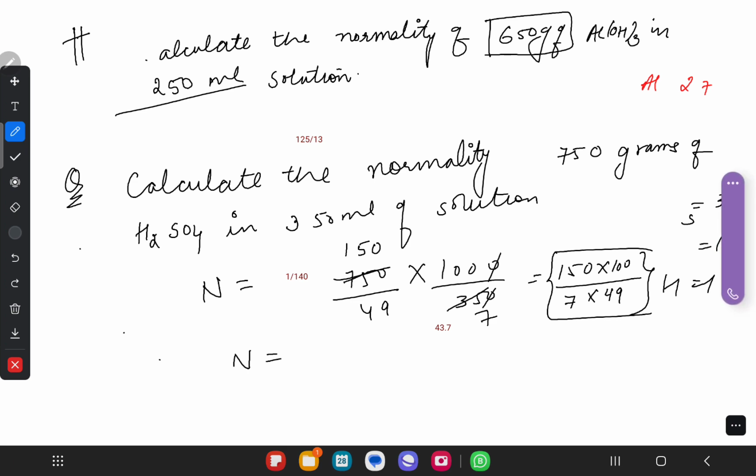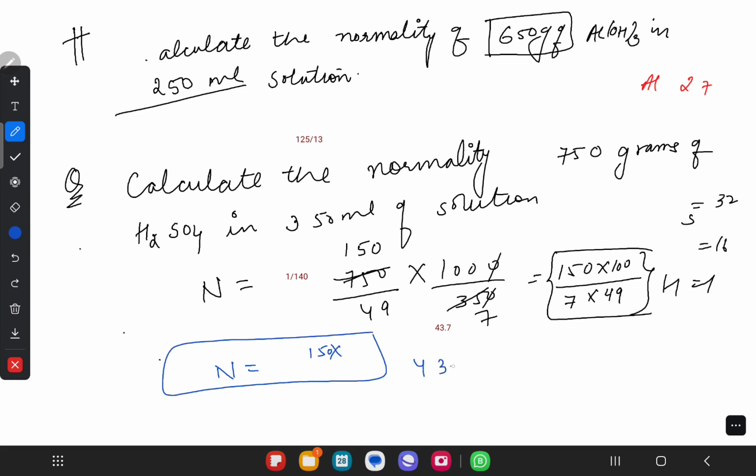Is it clear or not? Yes, it's clear. So that is the concept. Solve, and what is the answer? Okay, whatever answer is coming.